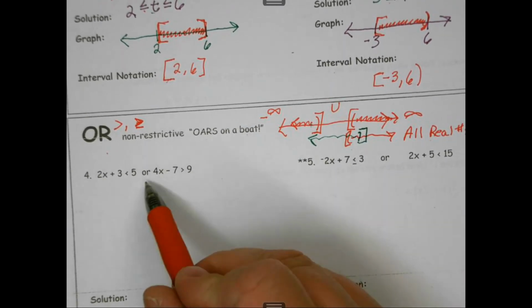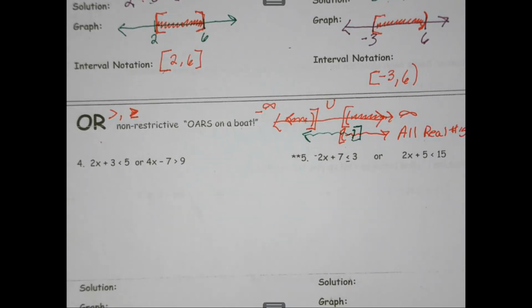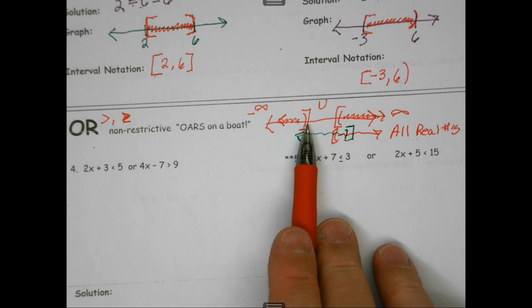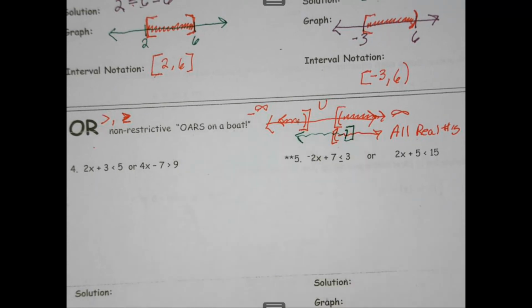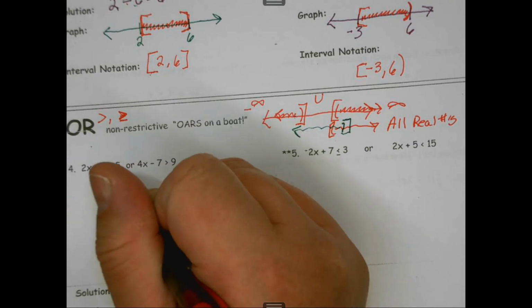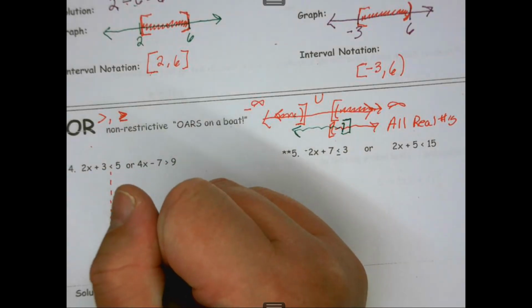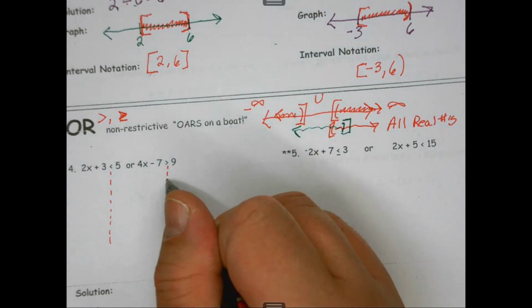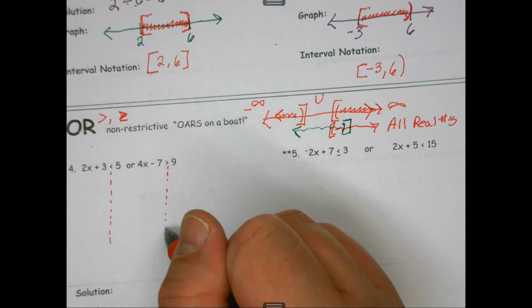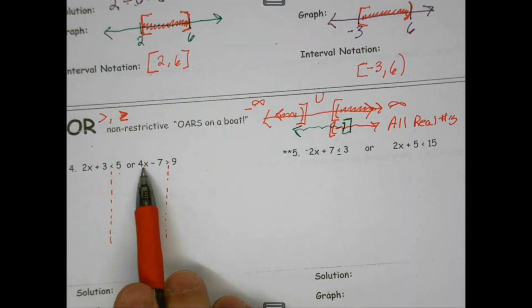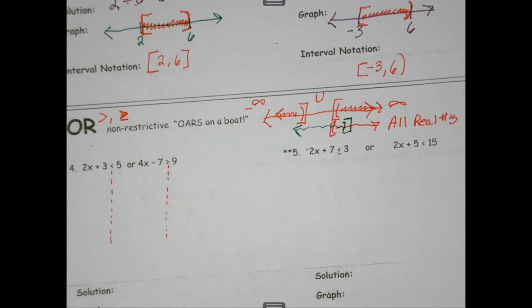Now, these you can't sandwich together or squish together. You have to solve them separately, even if it's the same number. Okay. For this inequality statement, I have to get rid of this constant. Remember, I want variables on one side, constants on the other. So I'm going to subtract 3 from both sides.